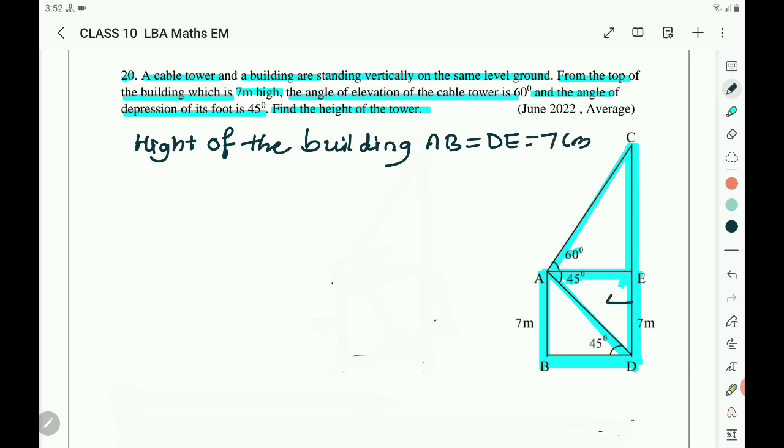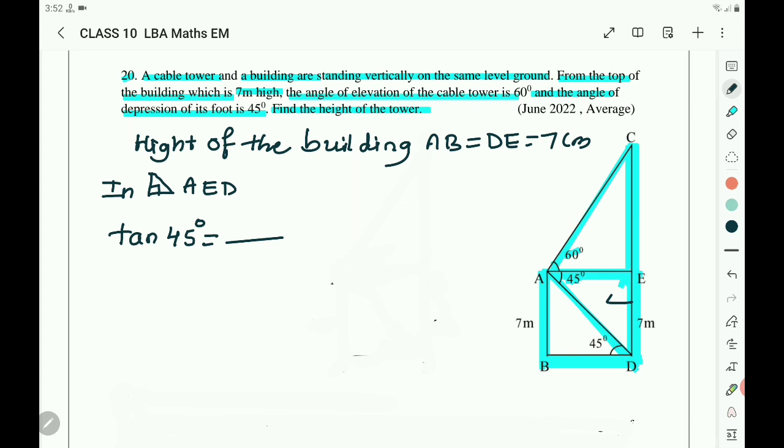Then you take this triangle. In the right angle triangle AED, which trigonometric ratio is having opposite side and adjacent side, that is tan. Tan theta is equal to opposite side by adjacent side. You take tan 45 degree, because the theta is 45 degree.